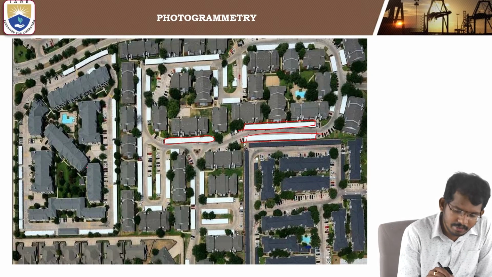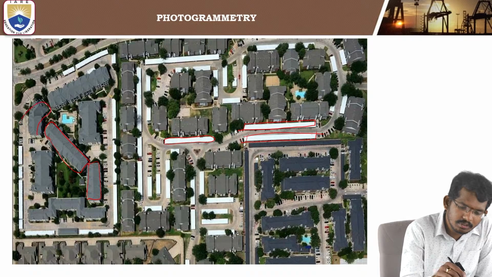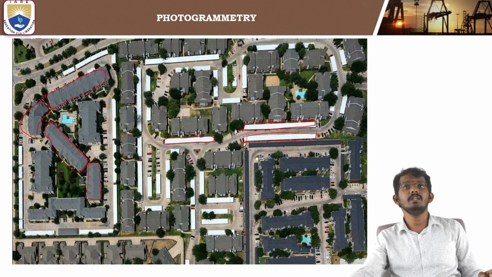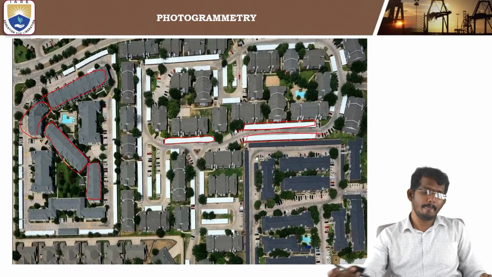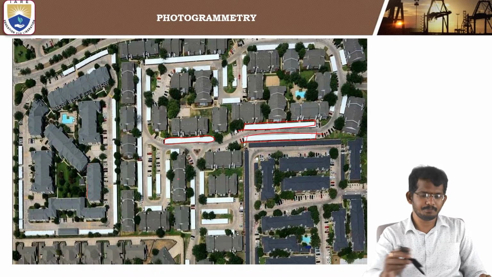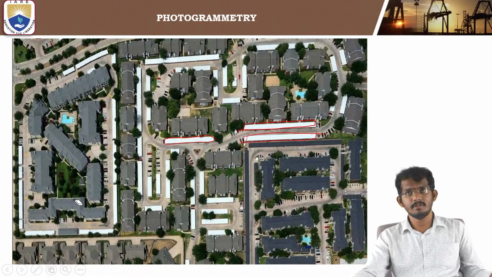Here also you can see some rectangular pyramid structure, diagonal, and one more rectangular box here. In top view, the image can be seen in vertical photogrammetry. By the process of stereoscopy and other applications, we can extract the required measurements from the image.